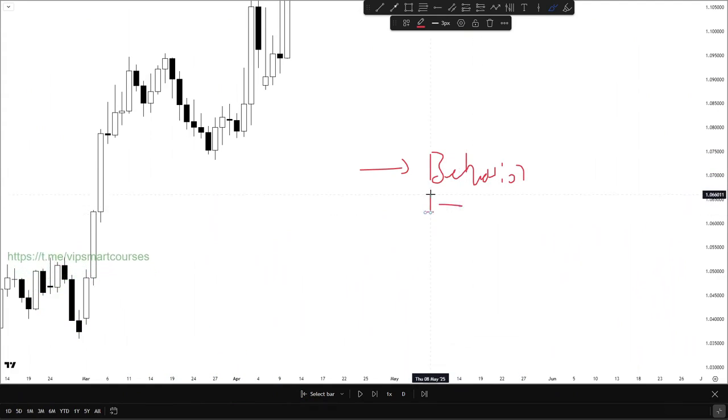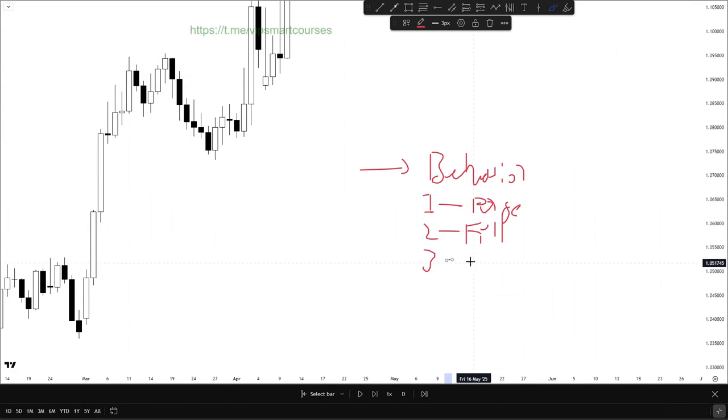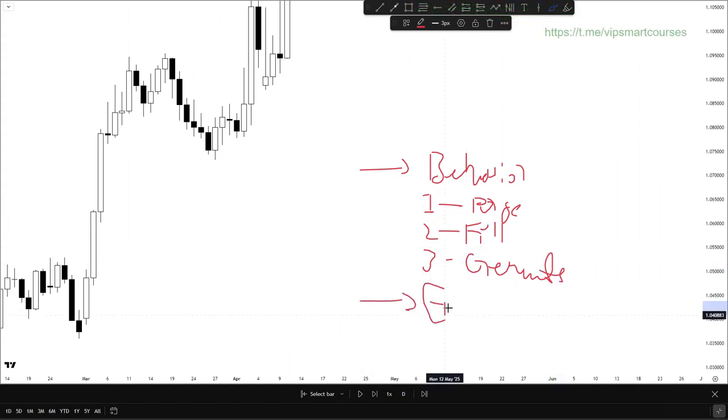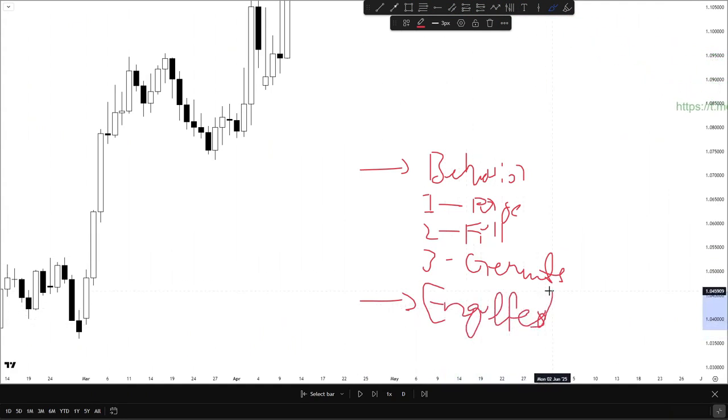Either it has to purge liquidity, fill liquidity, and or generate liquidity. And once it shows one of these behaviors, the second thing is that it must be engulfed by a candle or a group of candles.